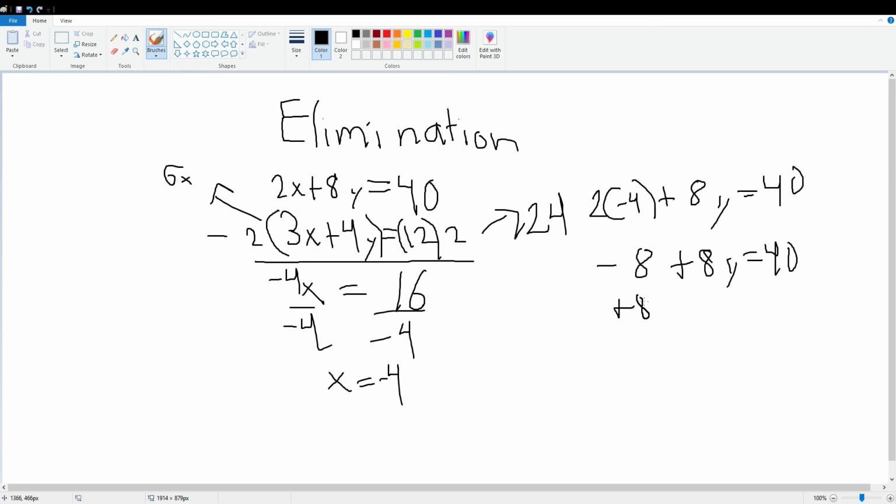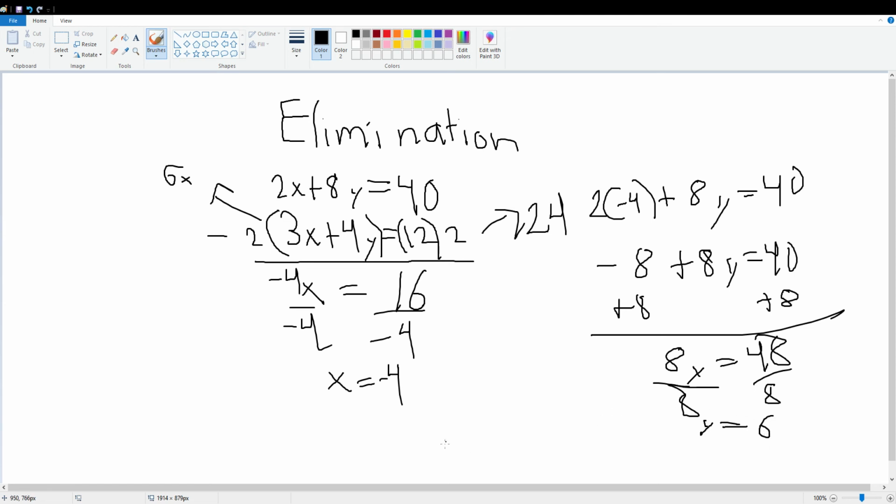Add 8 to both sides. 8y is equal to 48. And divide both sides by 8. Okay. Y is equal to 6. When x is equal to negative 4, y is equal to 6.